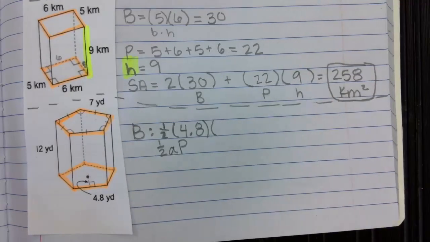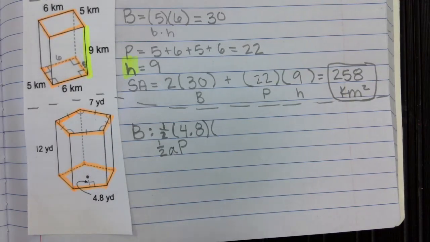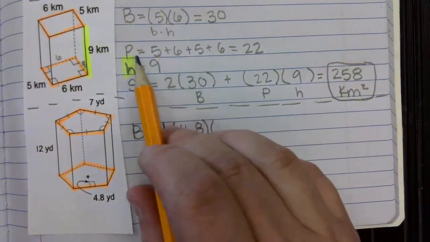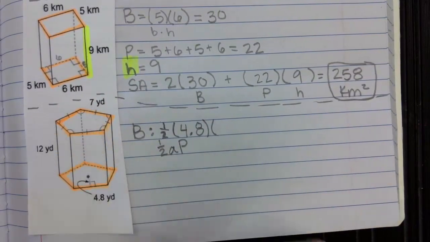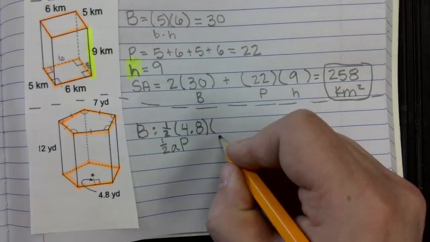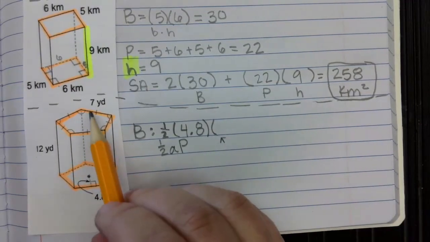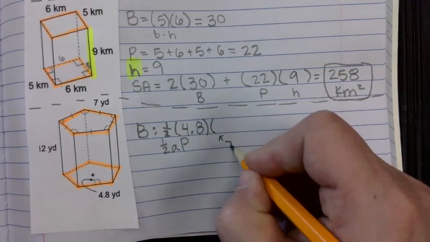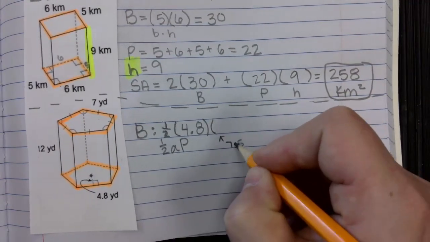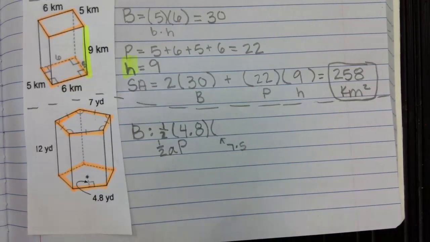And then we're going to do times our perimeter. So how am I going to find my perimeter of this pentagon? Yeah, how much is one side? 7, and how many sides do we have? 5. So 7 times 5 is 35.